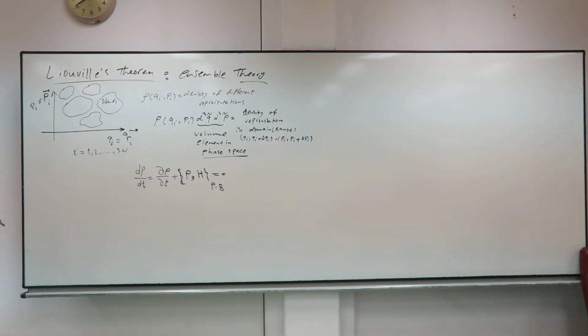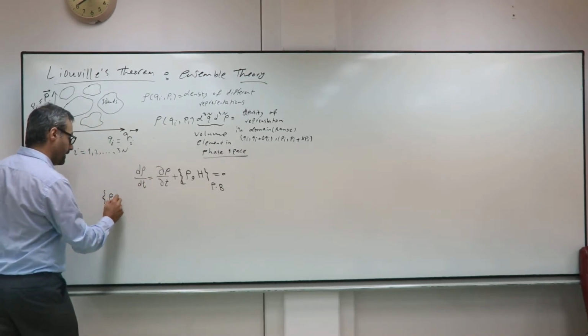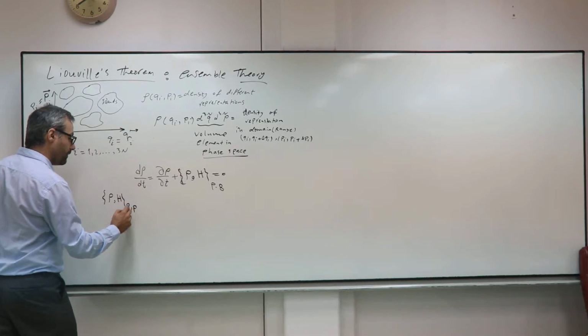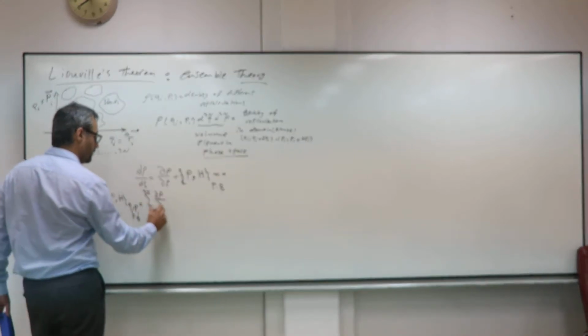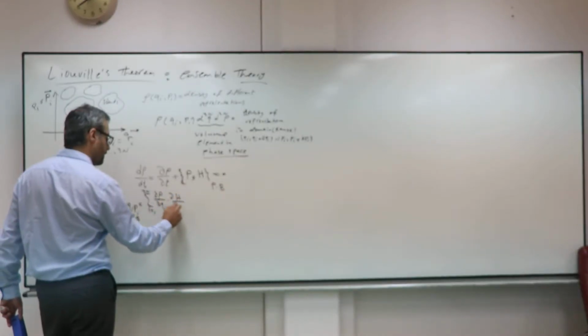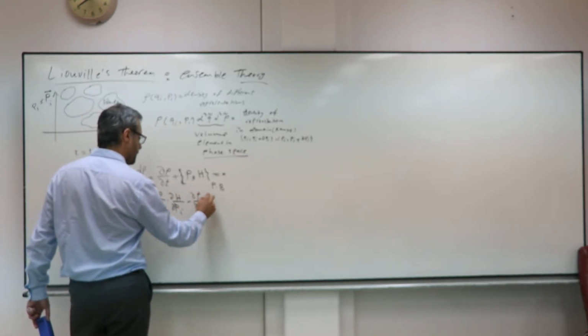So I want to prove this theorem, but I will use very elementary techniques to prove it. This Poisson bracket of rho and H, versus the q and p, is given as a summation over the coordinates of the derivatives with respect to q_i and p_i.